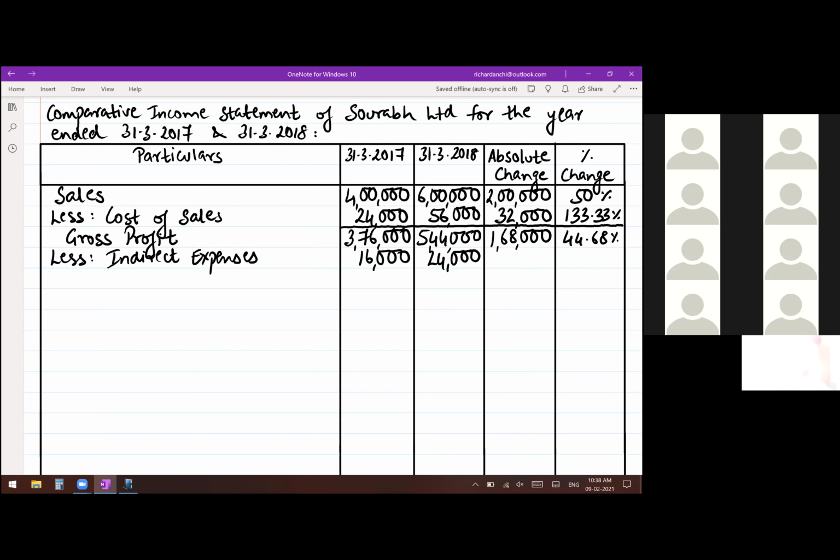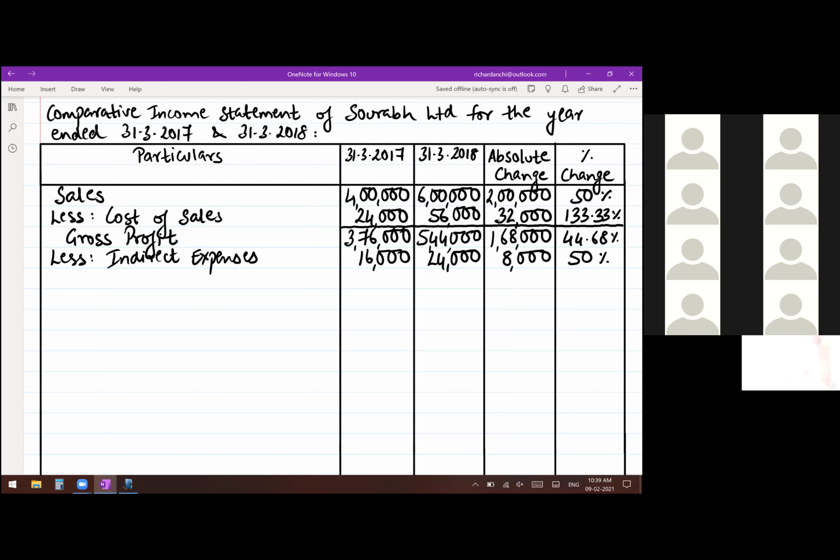Current year minus previous year. 8,000. Then percentage change. 8 divided by 16 into 100. Is it 50%? Yes, sir.